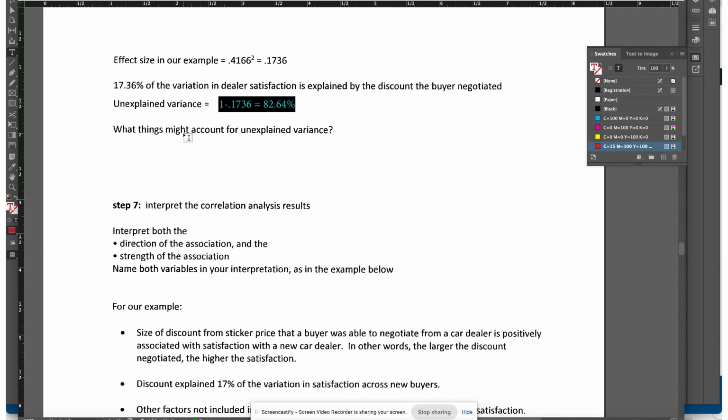And so what things do you think might account for unexplained variance? Well, think about the last time you bought a car. Lots of other things would affect how satisfied you were, right? It could be the car quality. I know one time when I bought a truck, when they went to deliver it to me, there was a huge scratch on it.